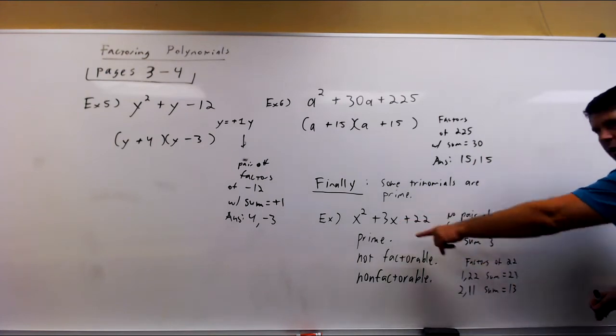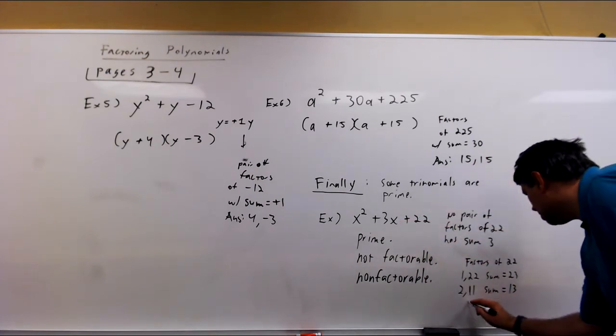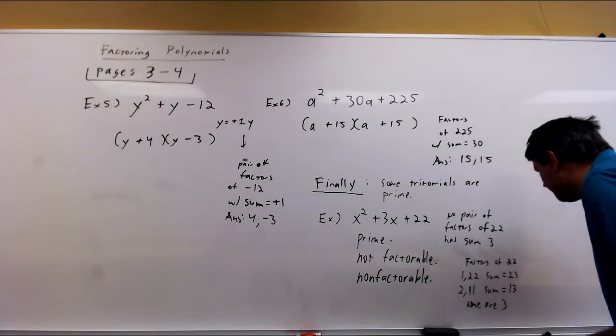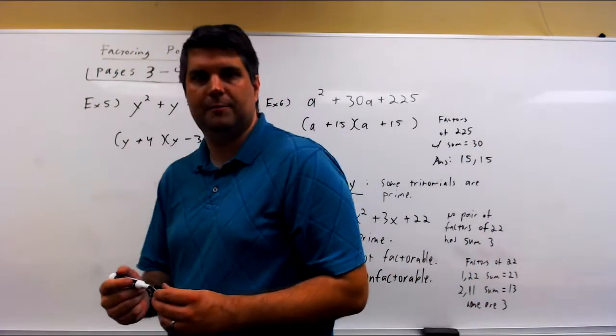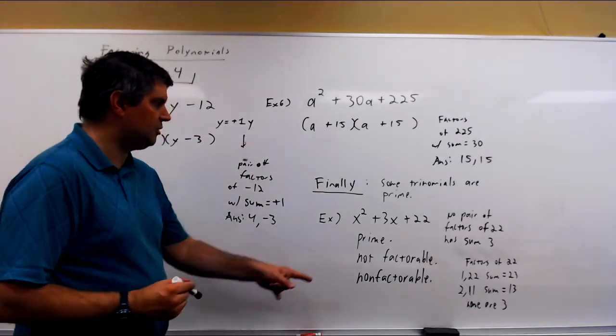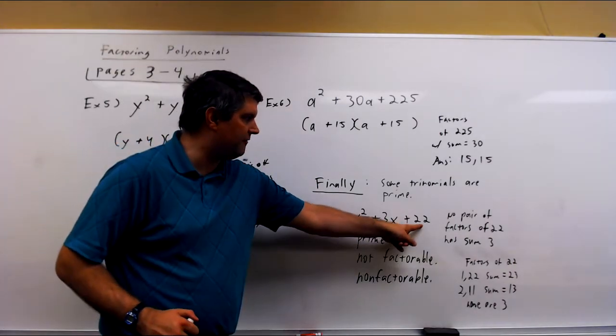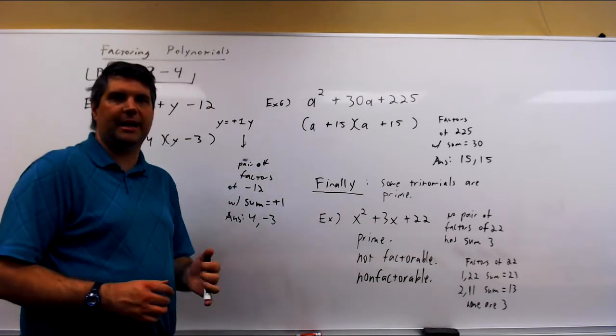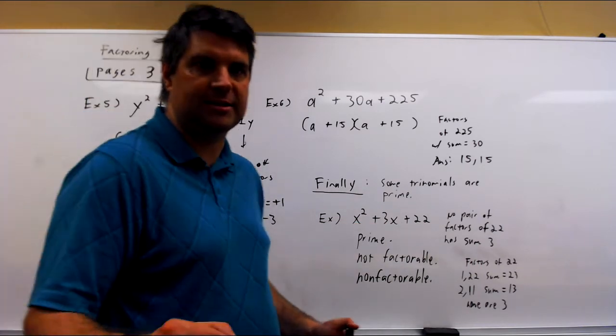None of them are 3. So that's prime, because there is no pair of factors of this that add up to that. I'm going to stop here and go on to the next step.